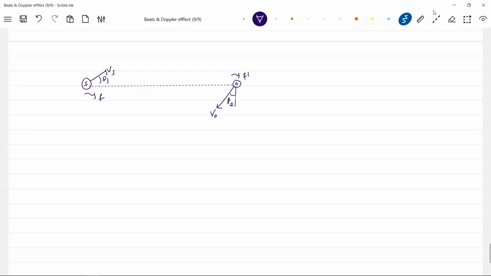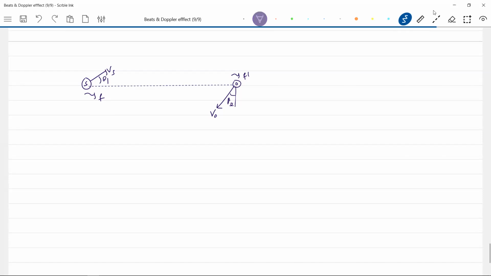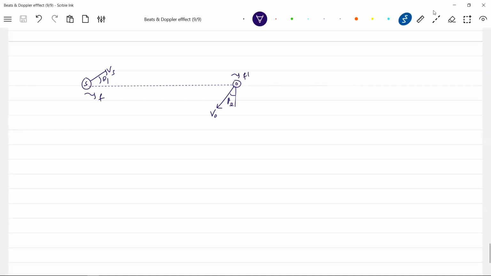In this case, the components of the velocities of the source and observer directed along the line joining the source and detector should be substituted in the Doppler effect. So f dash should be equal to v plus v naught sine theta 2 over v minus vs cos theta 1.